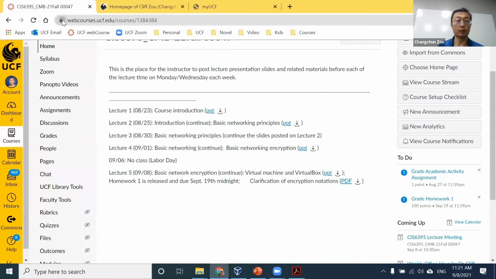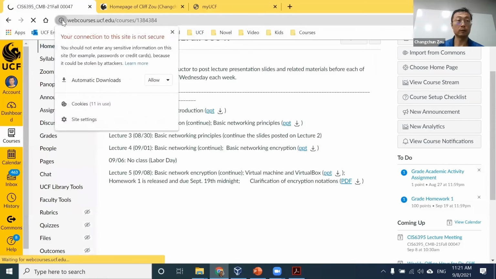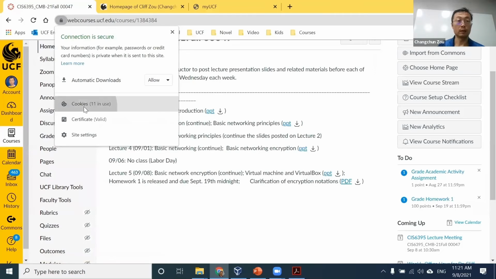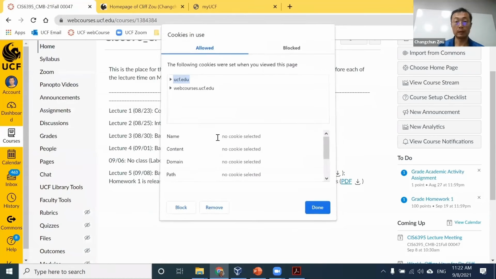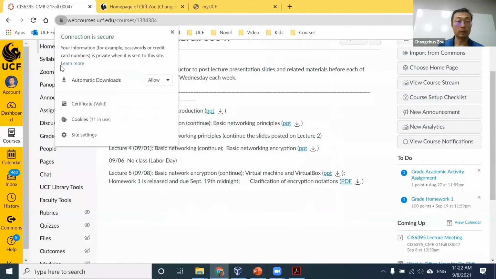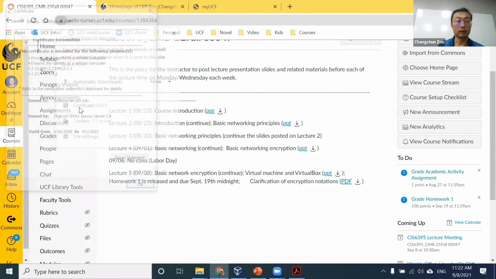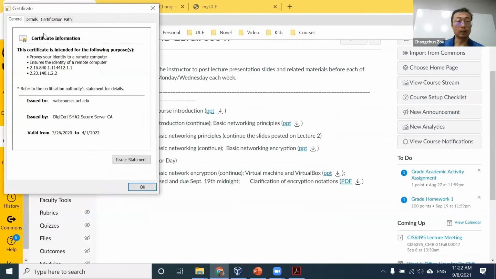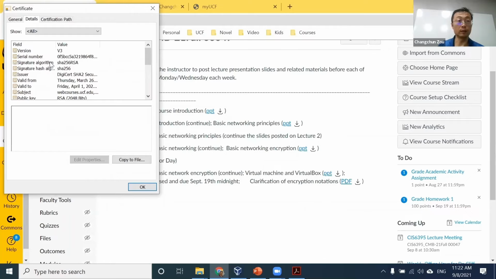So here it shows the hash. Like this certificate, you can see it shows the hash algorithm is SHA-256. So it shows what hash algorithm you have used. Everything here will be the certificate content.